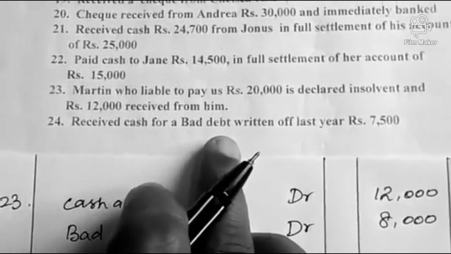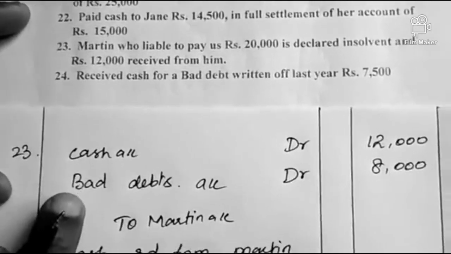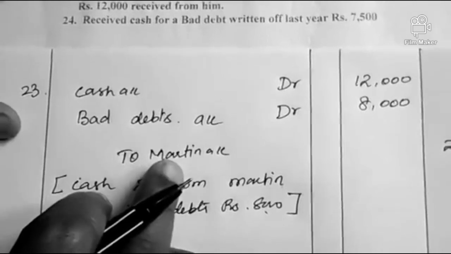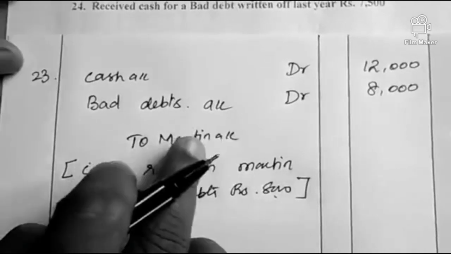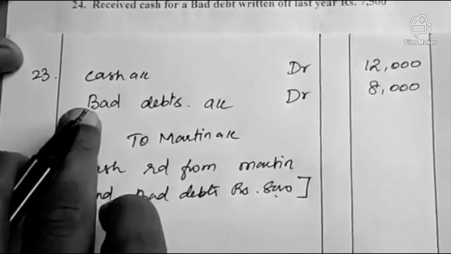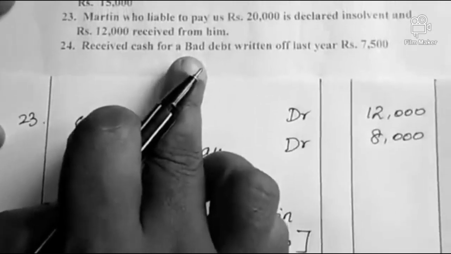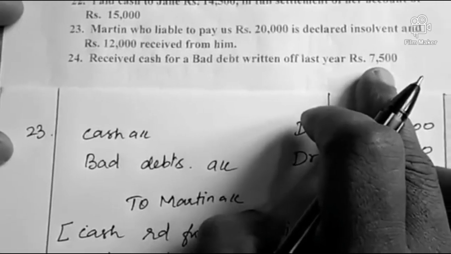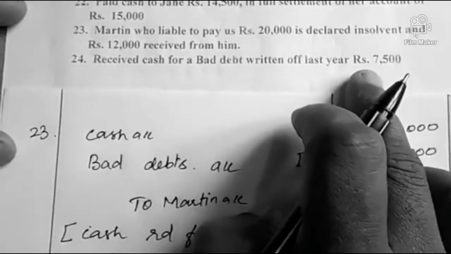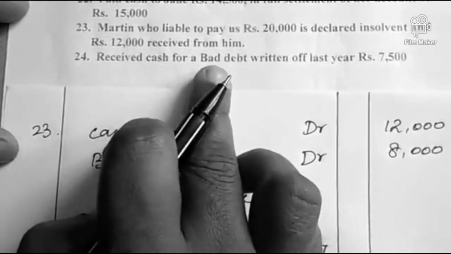In the previous year you made the entry, cash account debit, bad debts account debit to the customer's name. You wrote off the bad debt last year, but this year you have received an amount of rupees 7,500. So the bad debt is recovered, no.